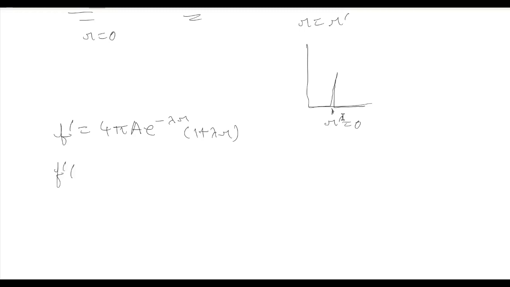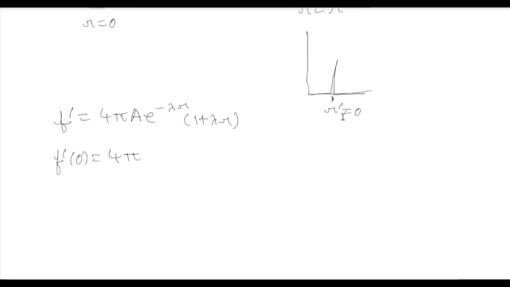Now when r equals 0, this thing is simply 4 pi a, because e to the power 0 is 1, and 1 plus 0 is again 1.